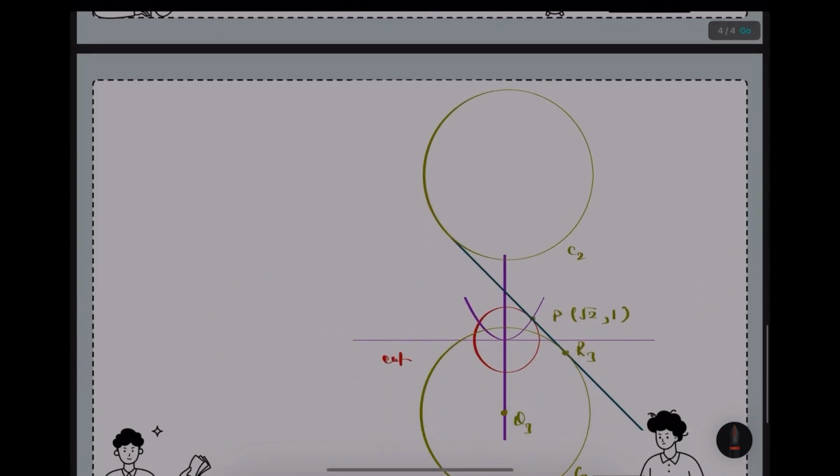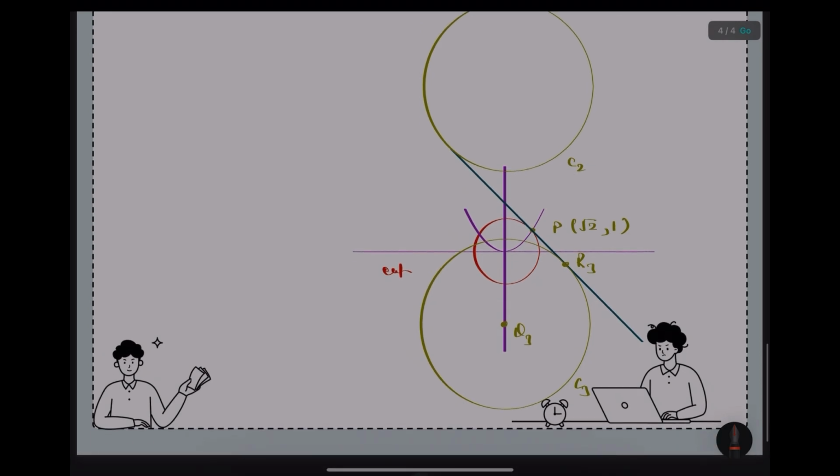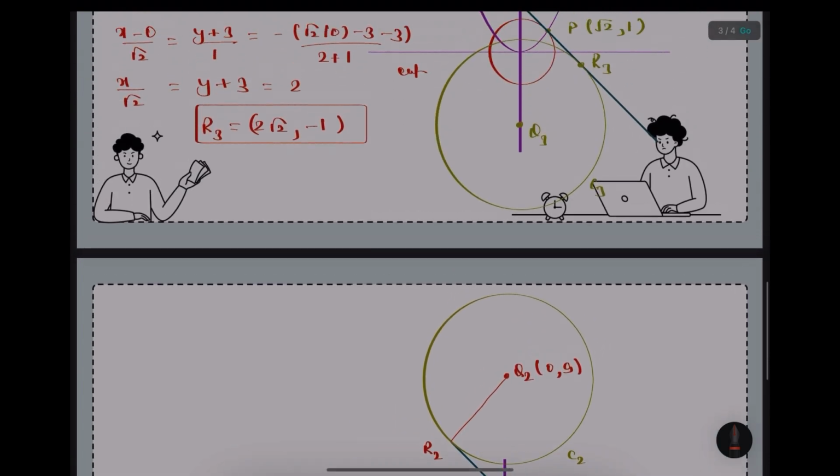Now I'll draw the whole diagram again, and then I'll solve. This was Q2, R2, right? Q2 was what? 0 comma 9. Q3 was what? 0 comma minus 3. R2, what we got?